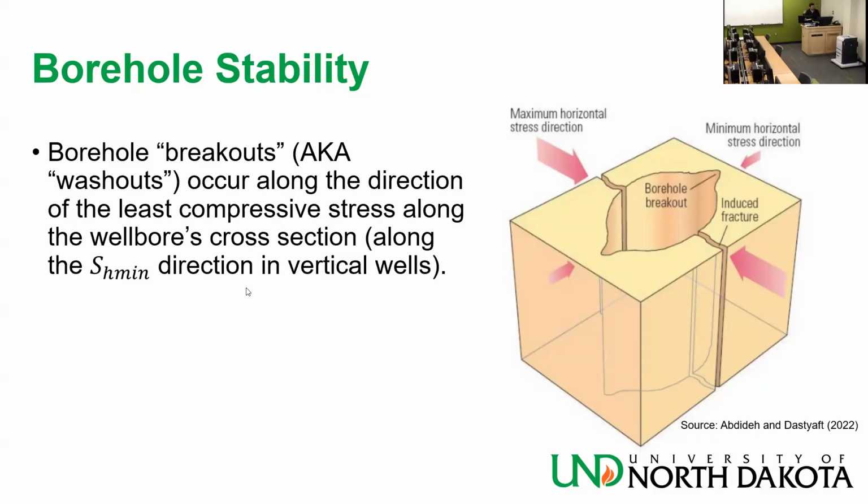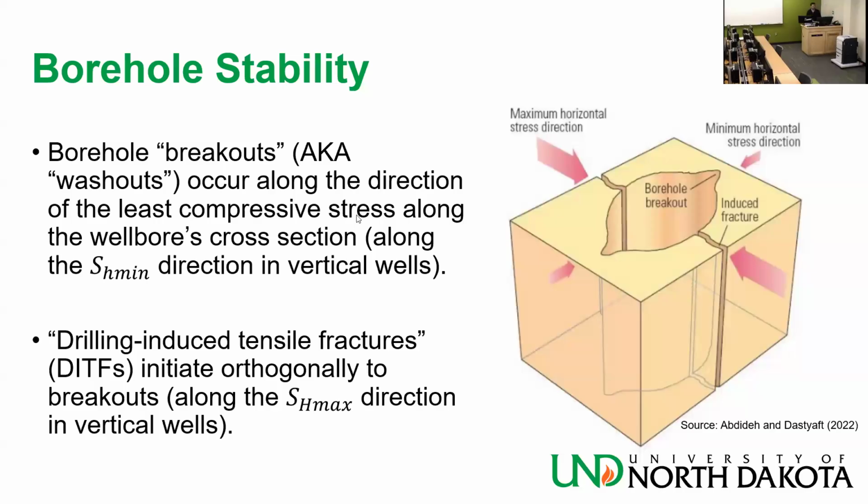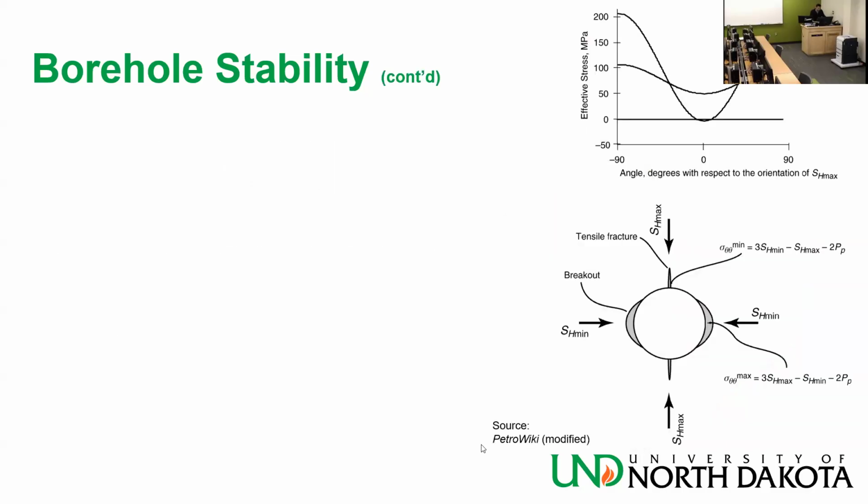Borehole breakouts occur along the direction of the least compressive stress, along the wellbore's cross-section, along the SH min direction in vertical wells, and then drilling-induced tensile fractures initiate orthogonally to breakouts, along the SH max direction in vertical wells. Vertical wells are easier in this case to worry about.